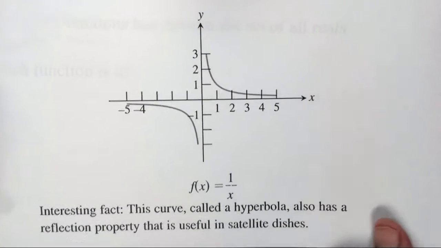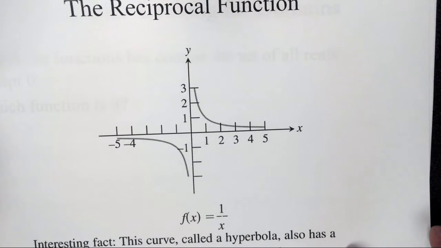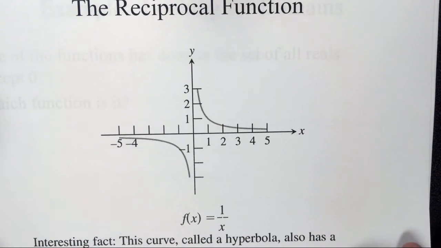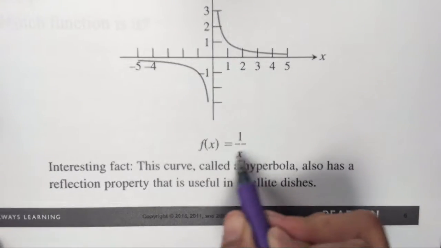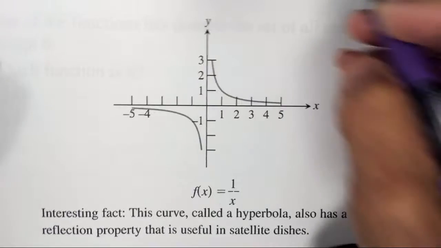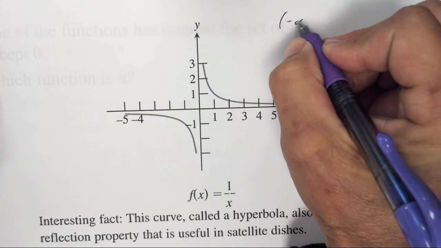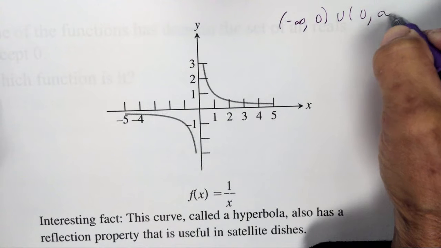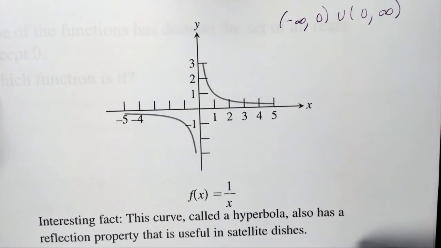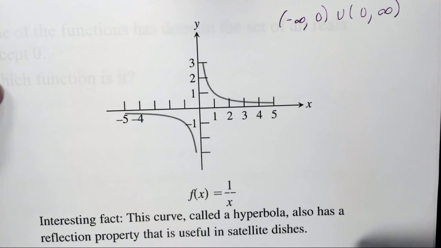All right, let's go to reciprocal function. So what can x not be? 0. So my domain is -infinity to 0, 0 to infinity. Range.